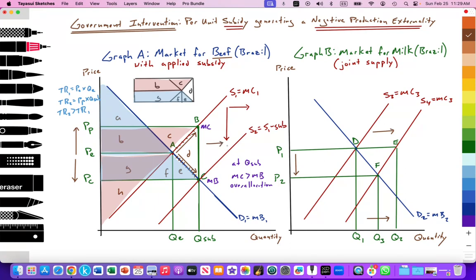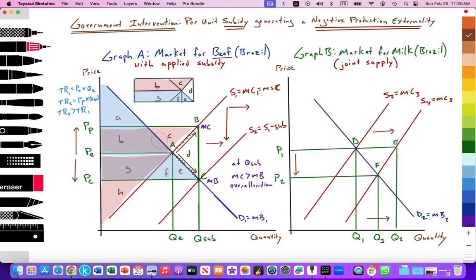But in that study, it highlights that the government interventions actually led to a negative production externality. So we can add that to our knowledge here. Instead of saying MC over MB, we can say that marginal cost equals the marginal social cost.